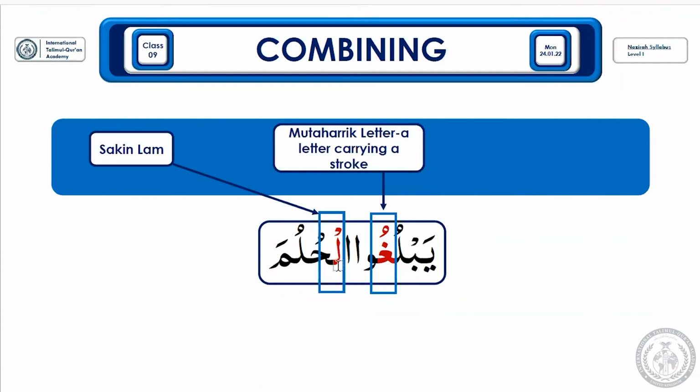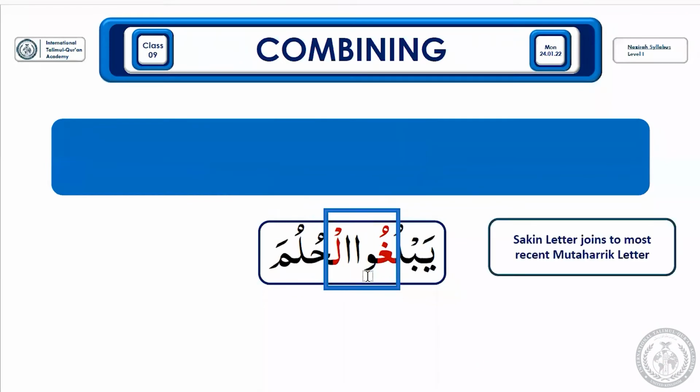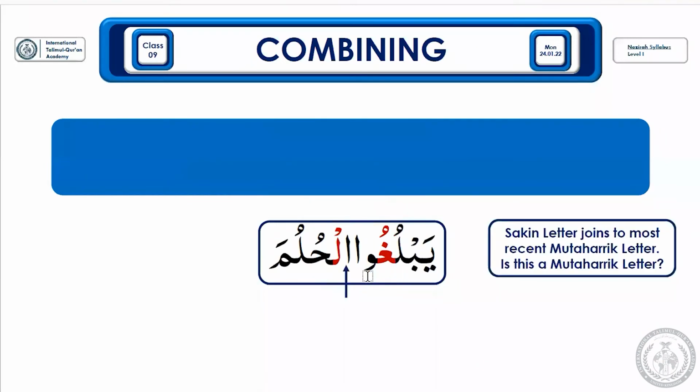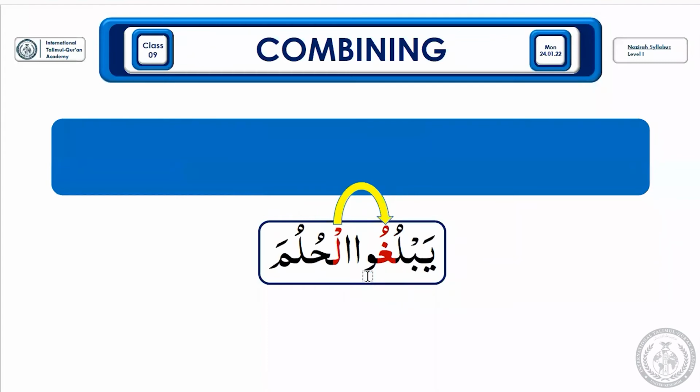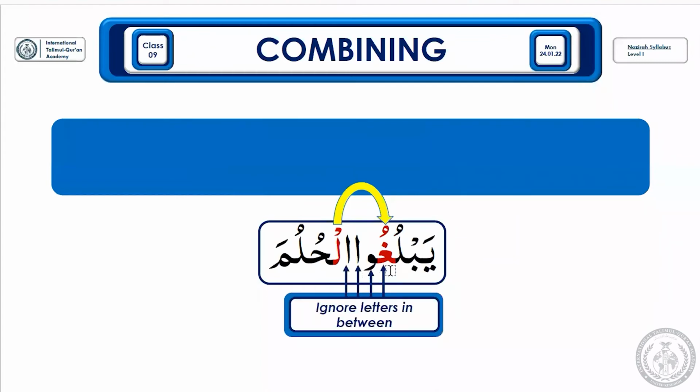I've got a lam sakin, and I remember that when I've got a schoon and I'm combining, I need to join the sakin letter with the most recent mutaharrik letter, which in this case is the ghain. I ignore the letters that are in between. So I will ignore these alifs and this vowel because they don't carry any strokes. So I will read this as ghul.